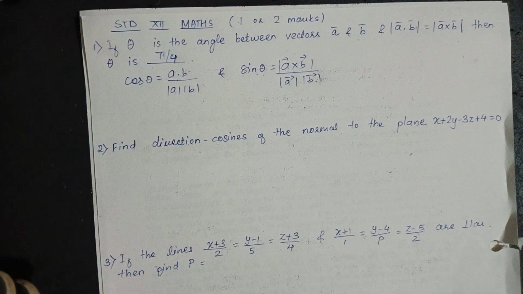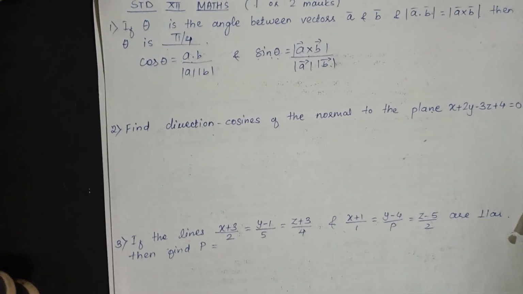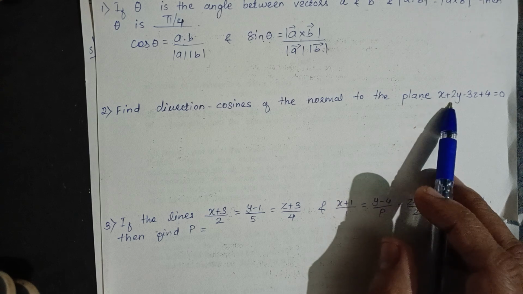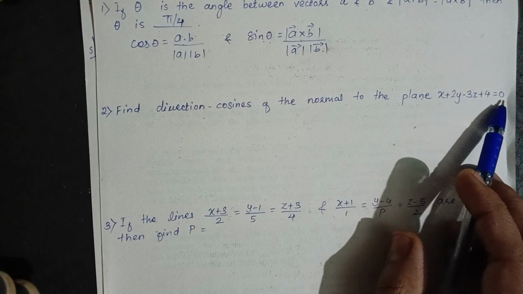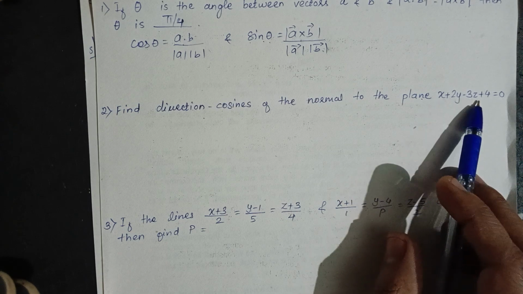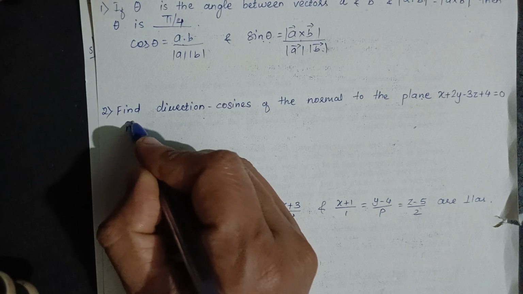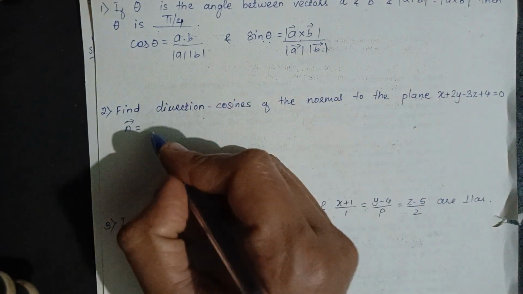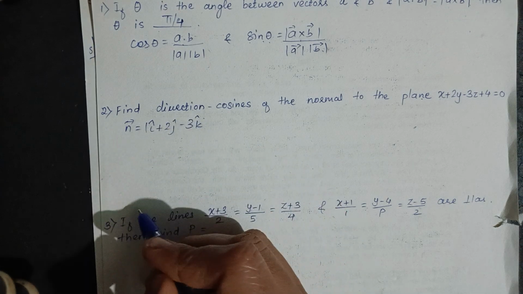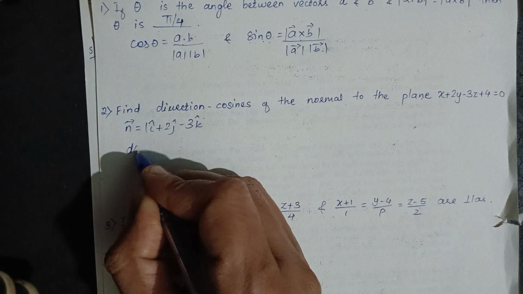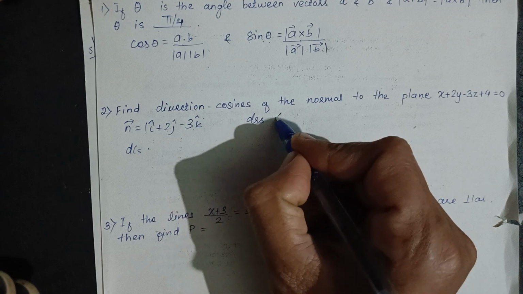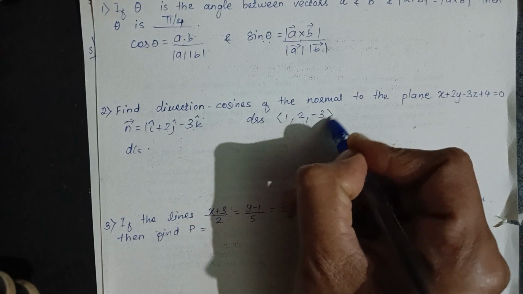Let's solve the second one. Find the direction cosines of the normal to the plane. The plane is given as x plus 2y minus 3z plus 4 equal to 0. This is a Cartesian equation, so the normal vector is given by 1i plus 2j minus 3k. And how do we write direction cosines? These are the direction ratios: 1, 2, minus 3.